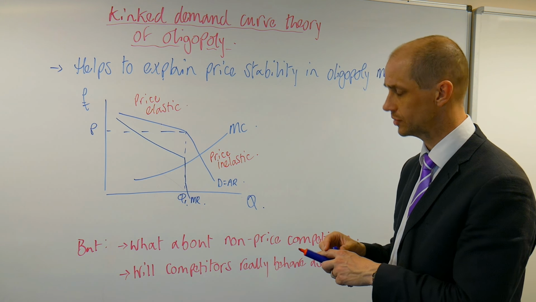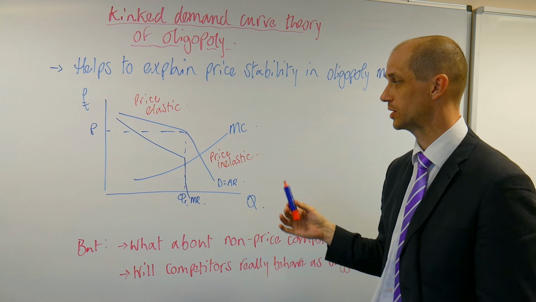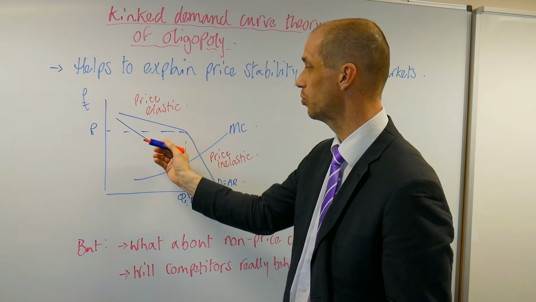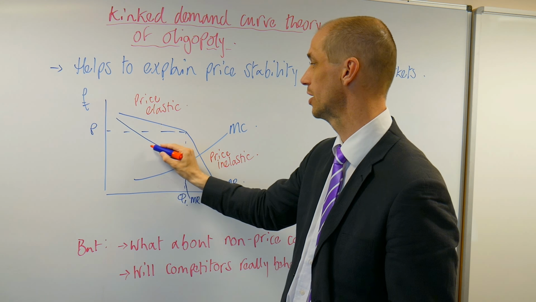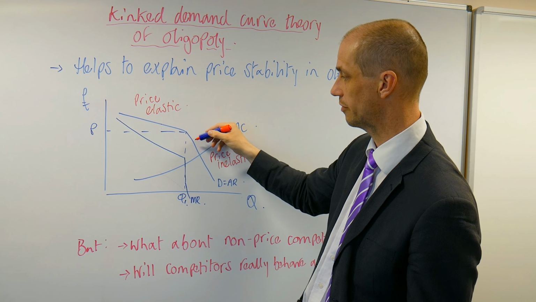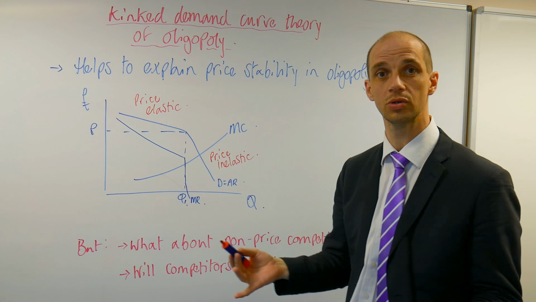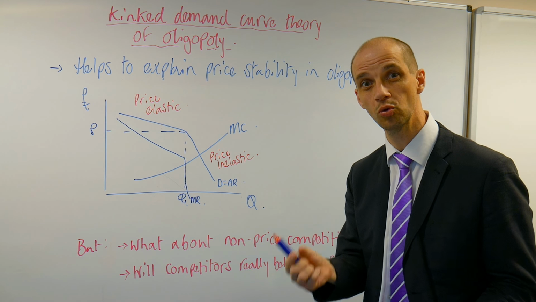Now what about if they reduce the price? Well, if an oligopolist reduces the price, what impact may this have? We can see that because the demand curve becomes so much more inelastic, the quantity sold only increases a small amount.